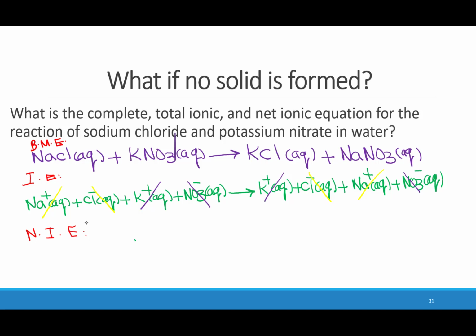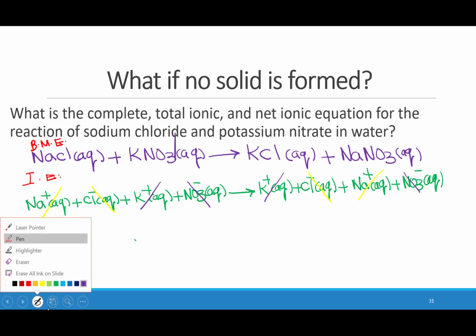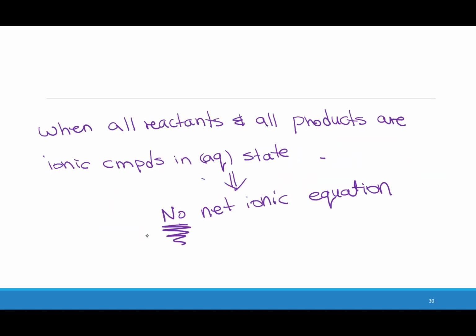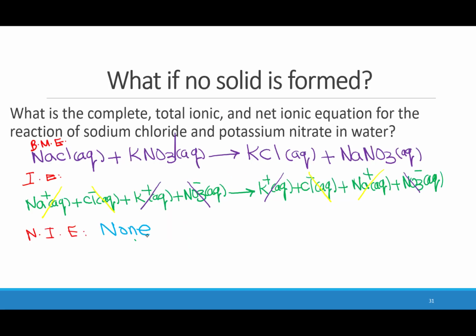Then as you could see, all the ions are spectator ions, and therefore we have no net ionic equation. Remember the previous note that I wrote? When all your reactants and products are ionic compounds in aqueous state, we have no net ionic equation. Okay, that's the second example that proved that. All right.